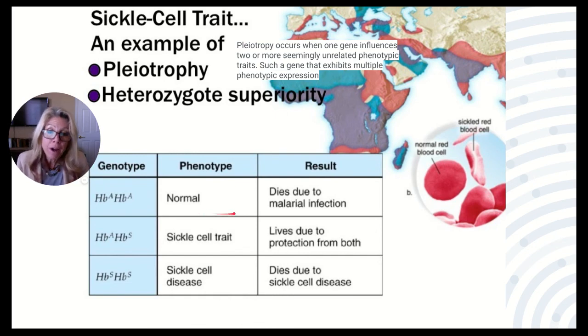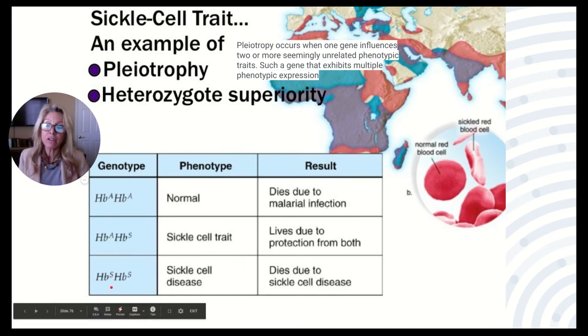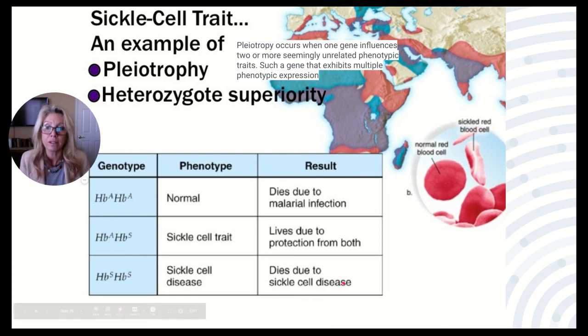If, however, you get bitten by a mosquito, you are more likely to die of malaria, right? And if you do have, let's go to the other extreme, 2 sickle cell alleles, you will have sickle cell disease and you will die earlier due to that sickle cell disease.